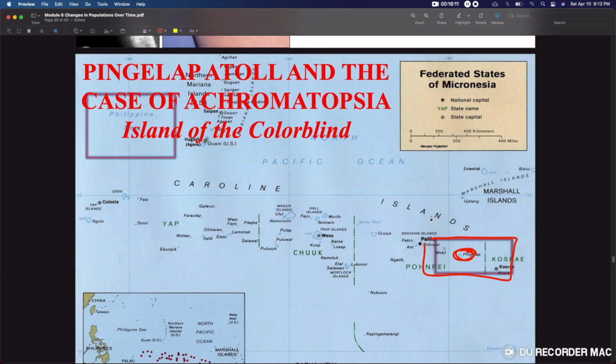So Pingelap Atoll is under the Federated States of Micronesia, and it has this extreme number of what we call achromatopsia, or color blindness. But this color blindness is an extreme color blindness. That's why it's termed the island of the colorblind.